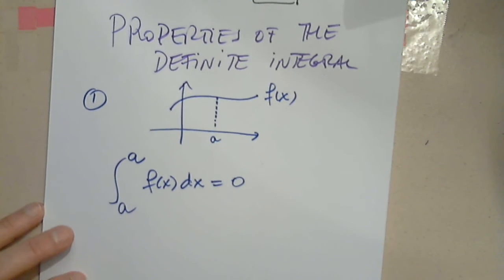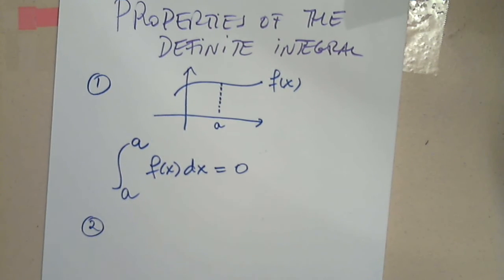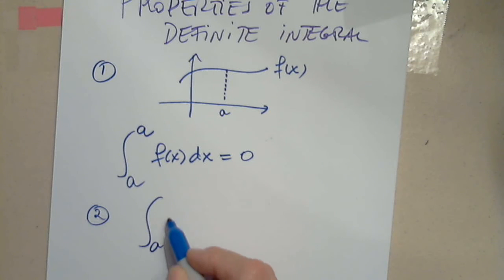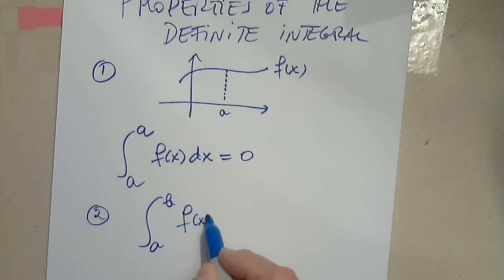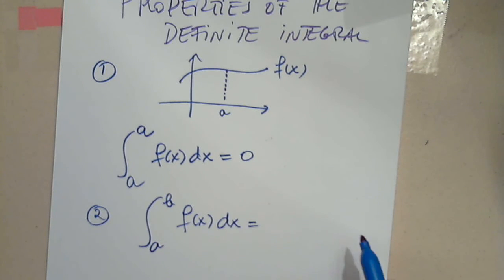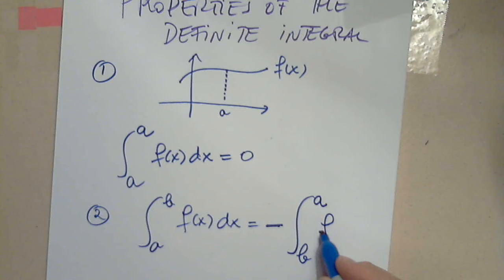Here is the second property. The integral from a to b from f of x dx is the same with the opposite from b to a from f of x dx.